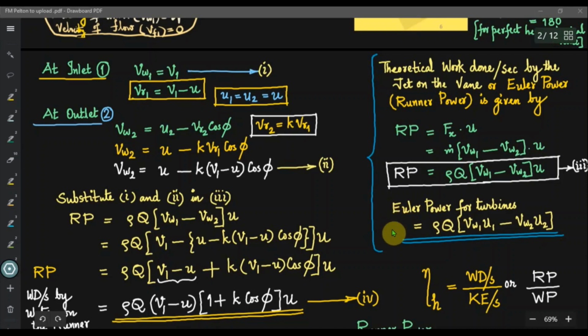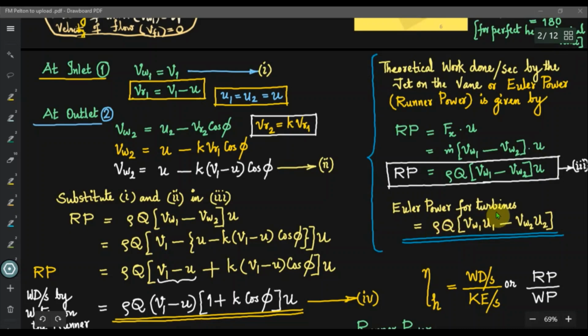This is the theoretical power or Euler's power for turbomachines. Especially for turbines, which are power producing devices, the order is rho Q into (VW1 U1 minus VW2 U2). For power consuming devices, this relation is rho Q into (VW2 U2 minus VW1 U1). And we can make use of this relation for all turbines.